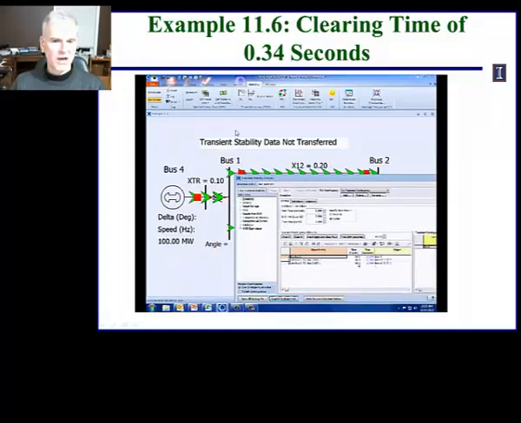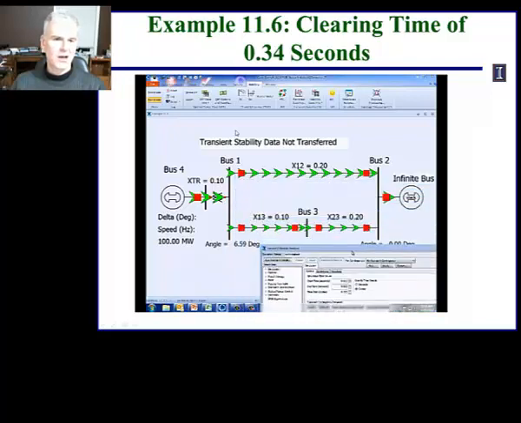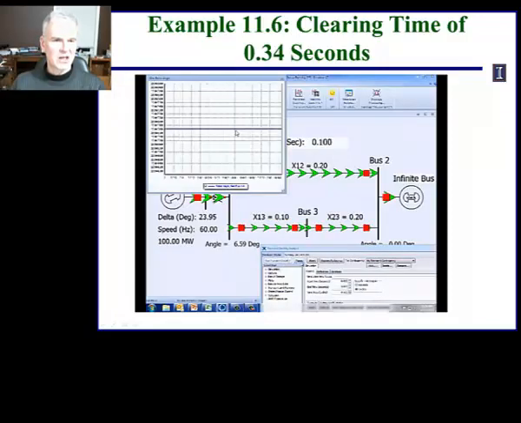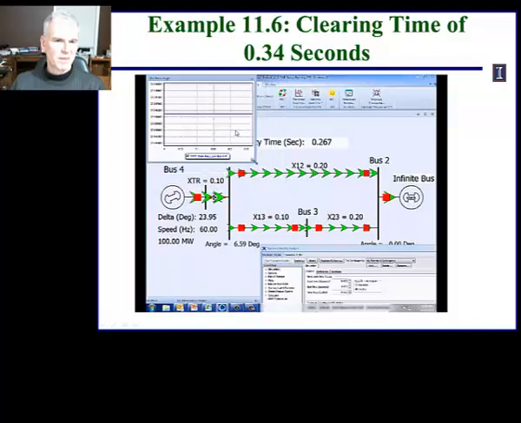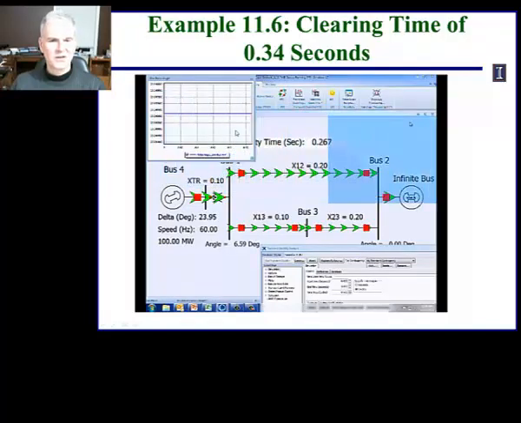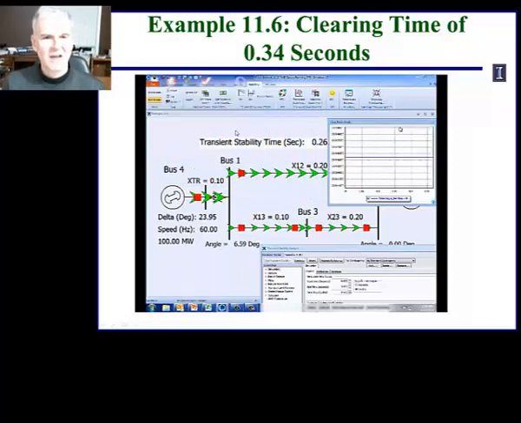We're going to apply the fault at time t equals 1 and then clear it 0.34 seconds later. So what you're going to see here is a dynamic simulation, where the graph at the top, I'm moving it out of the way here, shrinking it down and moving it somewhere on the screen where it's not quite as obvious.